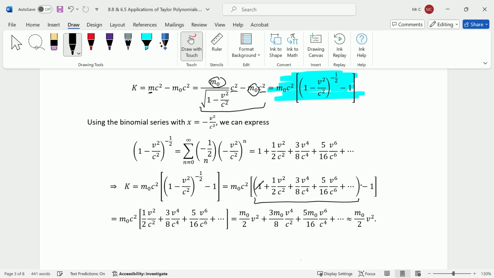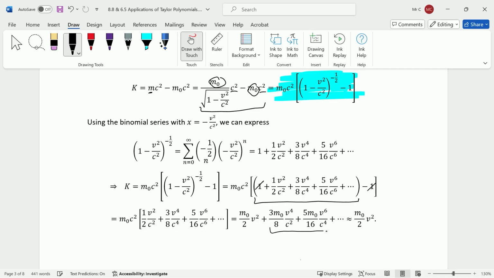The 1 minus 1 cancels, and we get m naught c squared times 1/2 v squared over c squared plus 3/8 v to the 4th over c to the 4th plus 5/16 v to the 6th over c to the 6th plus and so on. We multiply the m naught c squared across, and we get m naught over 2 v squared plus 3 m naught over 8 v to the 4th over c squared plus so forth and so on.